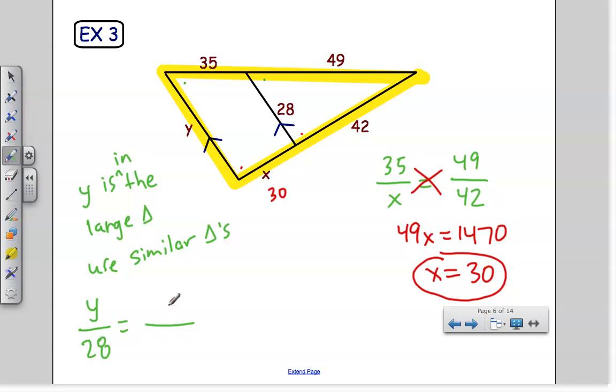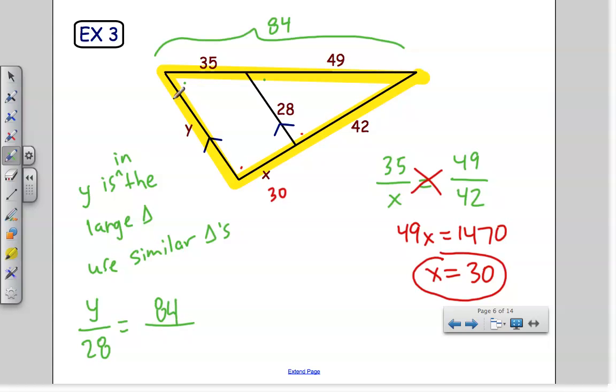Because if I put something else on top, it better be from the same triangle as y. But y is in the large triangle, so you can't just pick 35. You cannot just pick 49. I need this entire side. Okay, so just be real careful with that. We're doing 35 plus 49 in this case. That entire side length is 84. And 84 would be a length in the same triangle as y, so that can go on top.